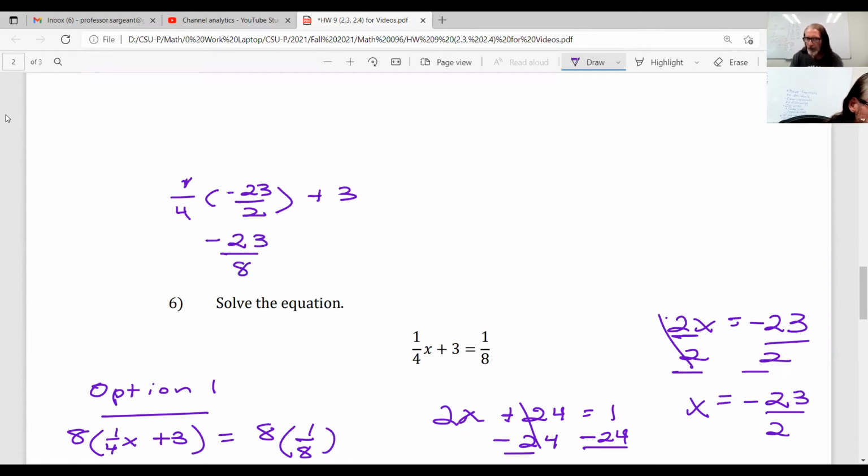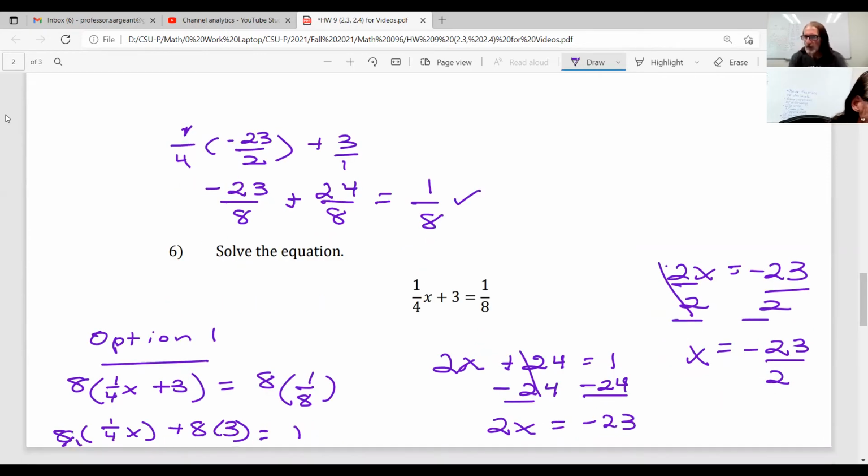I'll think of that 3 as 3 over 1, and then multiply top and bottom by 8 to get the same denominator. And when we add, we'll add the numerators. Negative 23 plus positive 24 is positive 1, still over 8, and that's what we wanted.